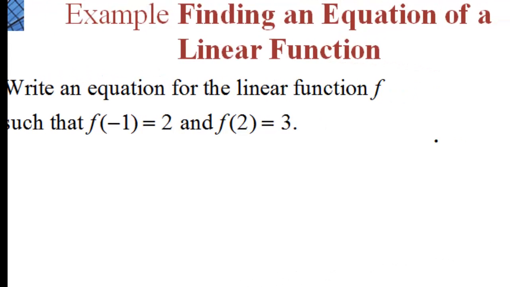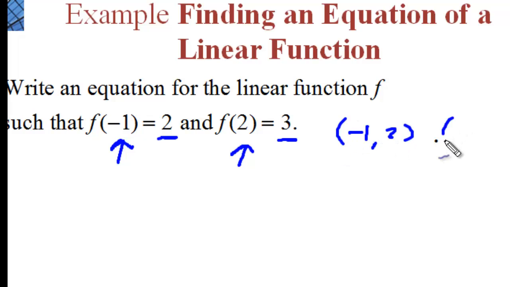To find an equation of a linear function, if we are given f of negative 1 equals 2 and f of 2 equals 3, we have 2 points. This is our x, and there's another x, and those are our y's. So essentially we have 2 points: negative 1, 2, and 2, 3.